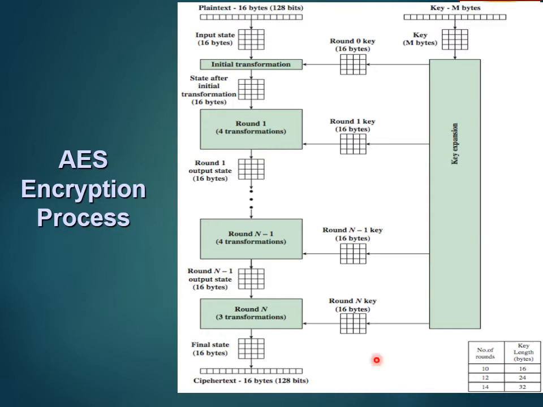The algorithm is referred to as AES 128, AES 192 or AES 256 depending on the key length. That is, for a key length of 16 bytes, it is called AES 128. For a key length of 24 bytes, it is called AES 192. And for a key length of 32 bytes, it is called AES 256.